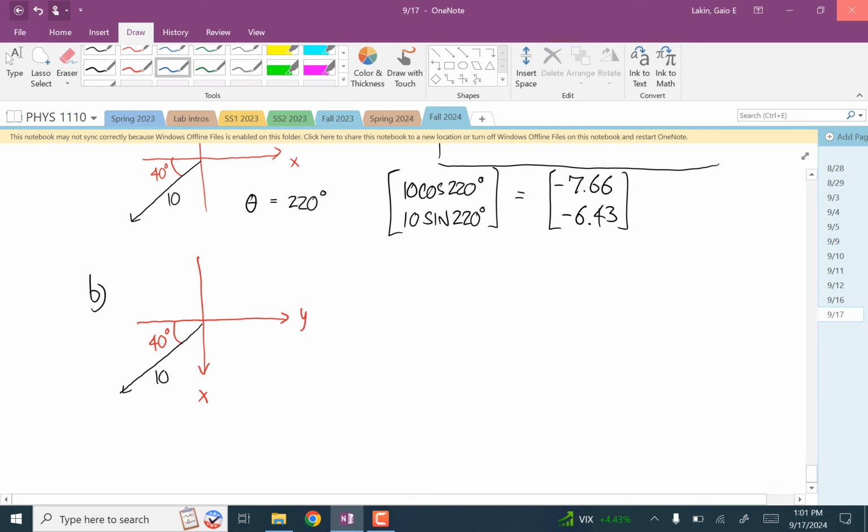So we went this way, so theta is equal to negative 50.